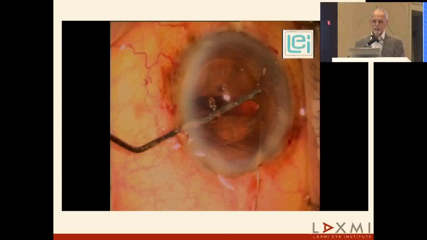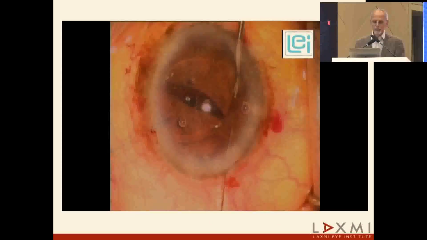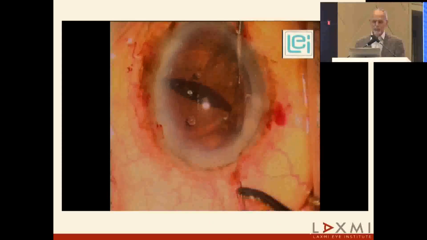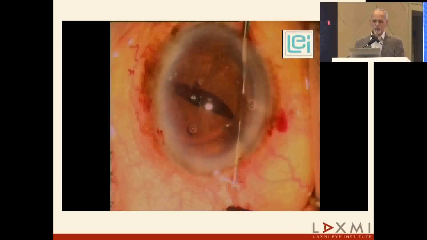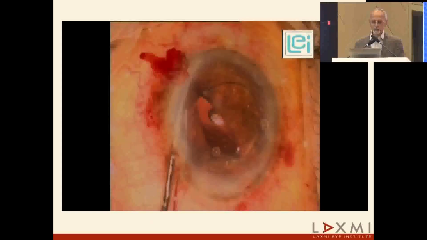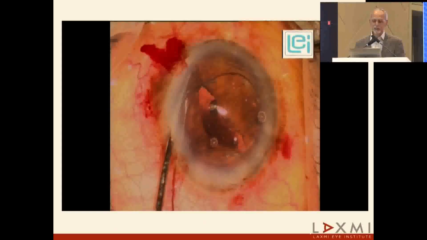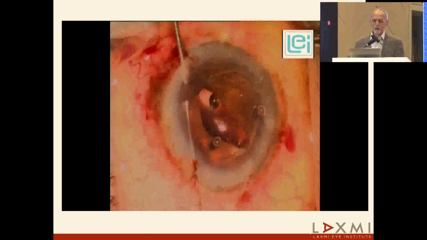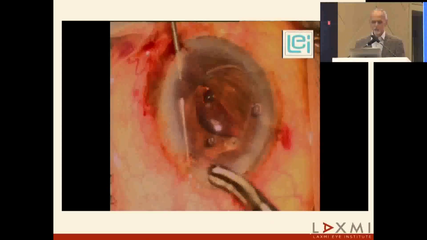After that, you can position your lens to the desired angle, and a tenon suture is passed through the haptic on either side, and then it is sutured.